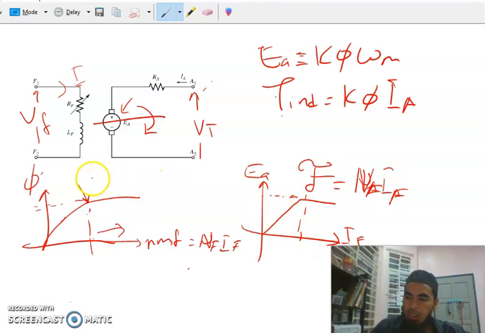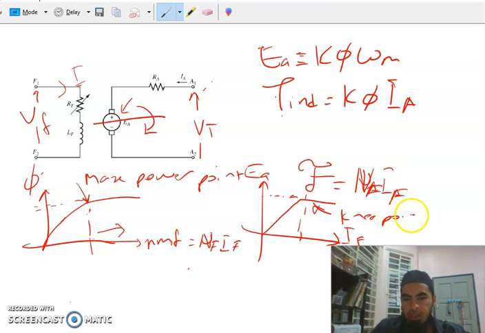This is what's called the maximum power point of the magnetization curve of a DC machine. Same goes here. This is a knee point, the point where you are not encouraged to increase the field current or number of turns to your motor, because it will have no more effect on the generated internal voltage or the generated flux in the system.